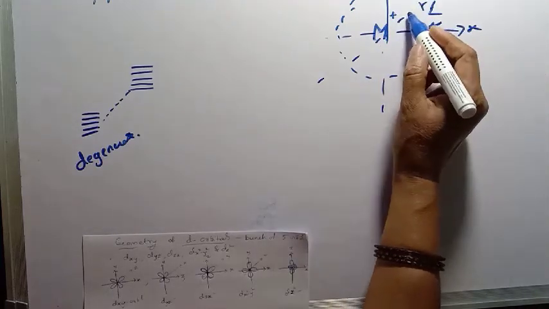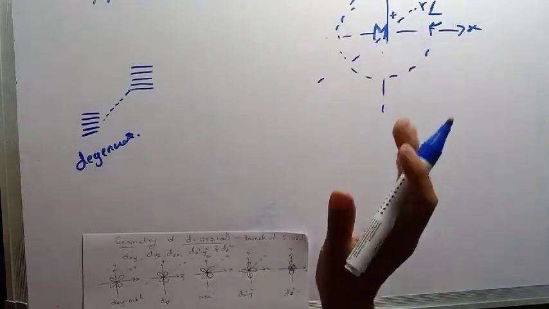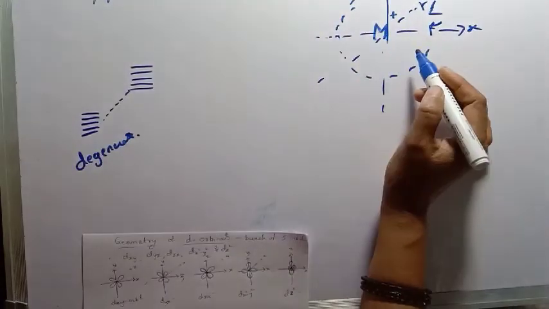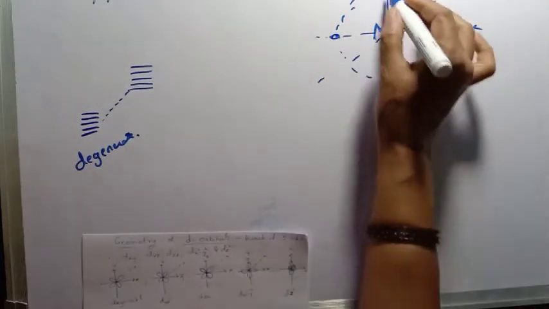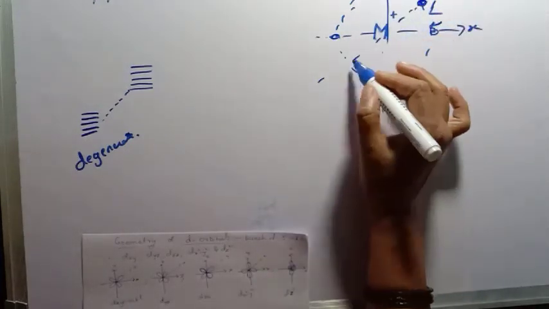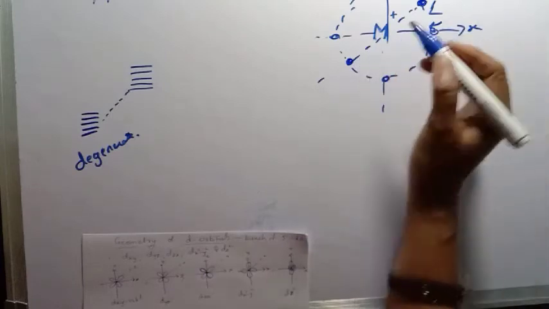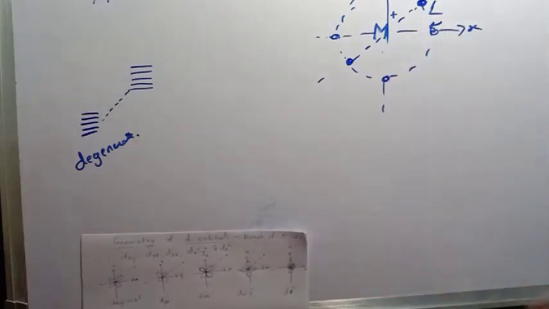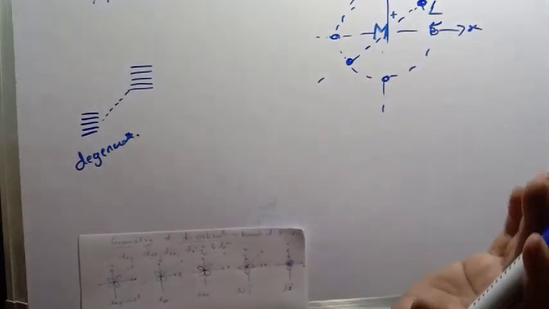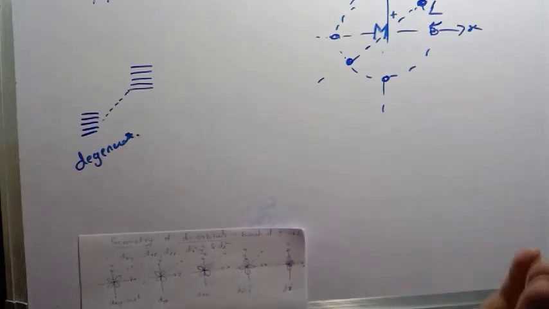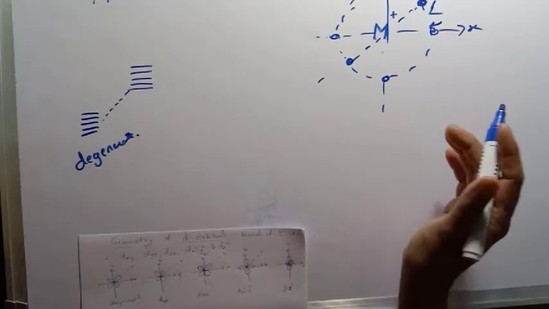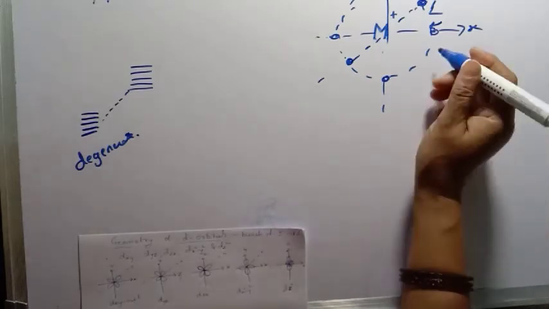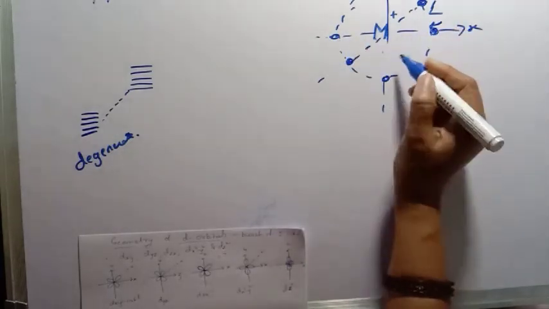they are no more spherically symmetrical. That means they are no more uniformly surrounded around the metal ion. They are concentrated at particular positions around the metal ion.